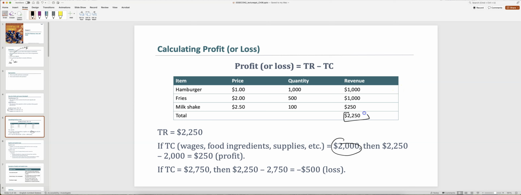Then with a revenue equaling 2250, 2250 minus 2,000 would leave me with $250 left. If my cost instead had been greater, then I would have had a negative number, which would have been a loss.